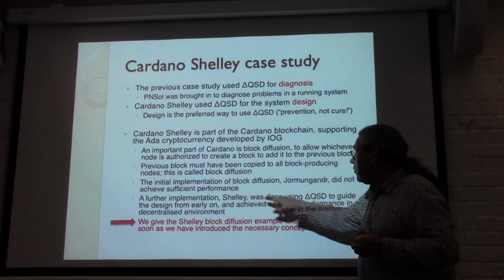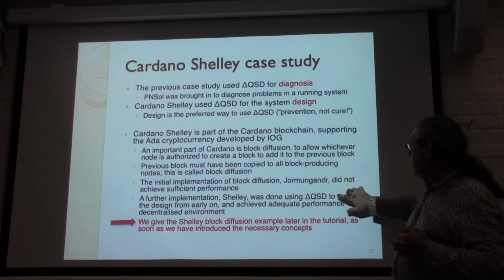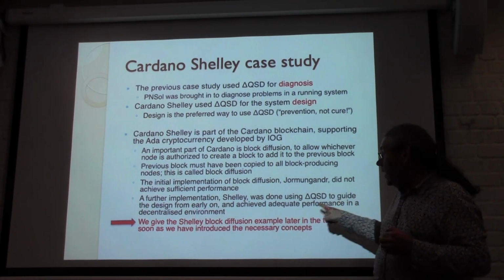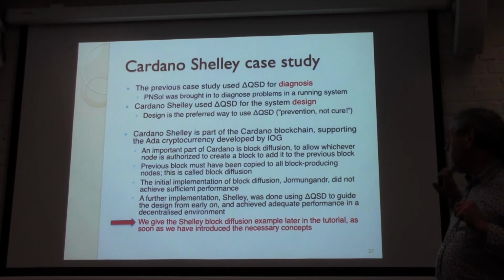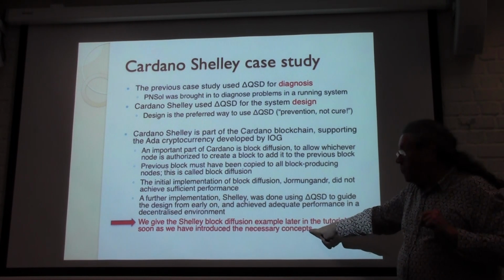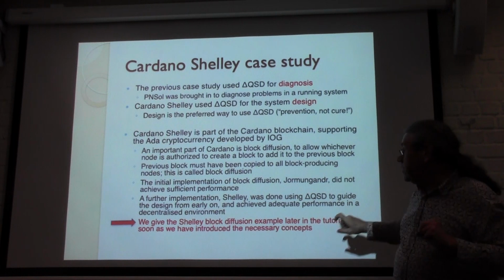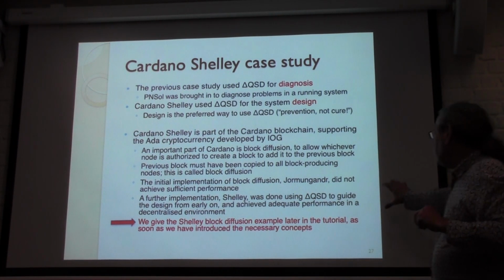So they made another implementation called Shelley, done together with Pinsal and using ΔQSD, which I will explain. It was used to guide the design. So we were manipulating outcome diagrams, and this one actually did work. I will explain how that one works later. In order to explain it, we need to know outcome diagrams, but at least you get an idea here.